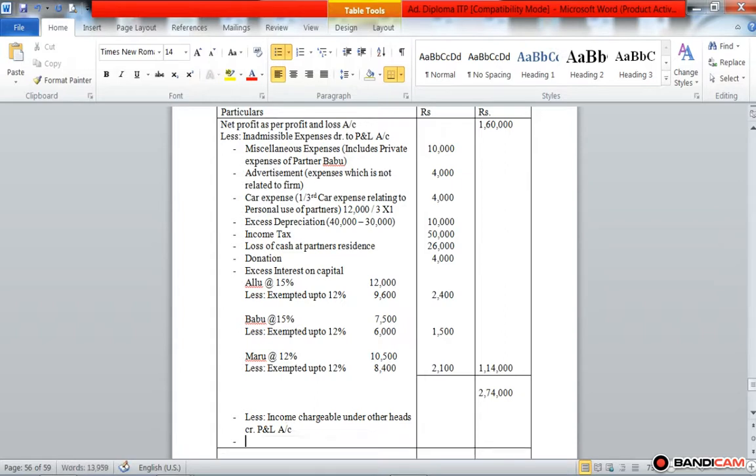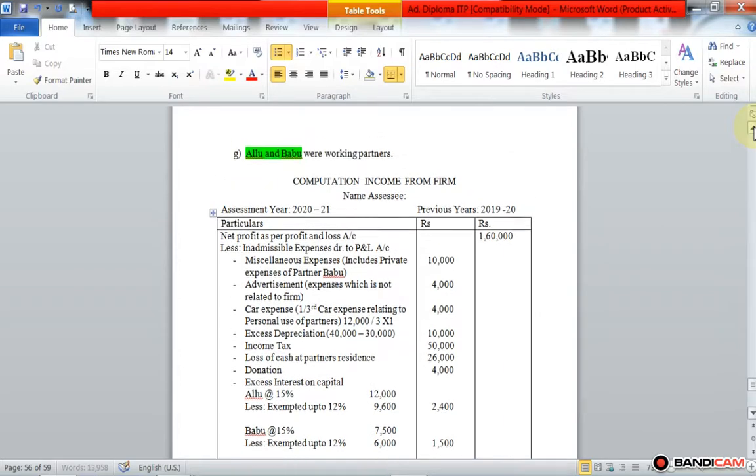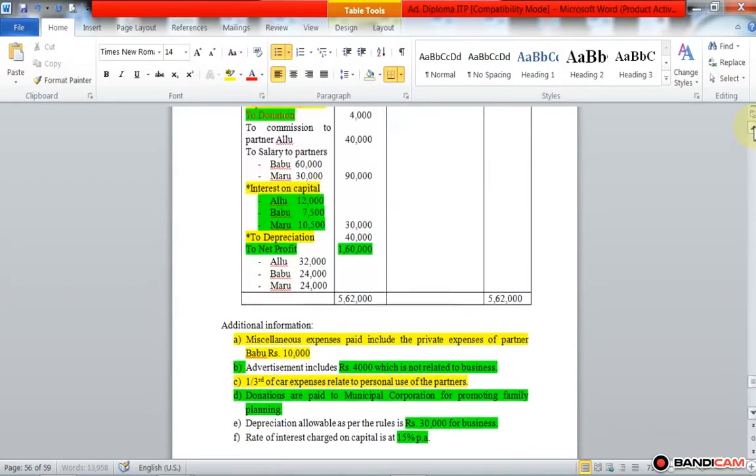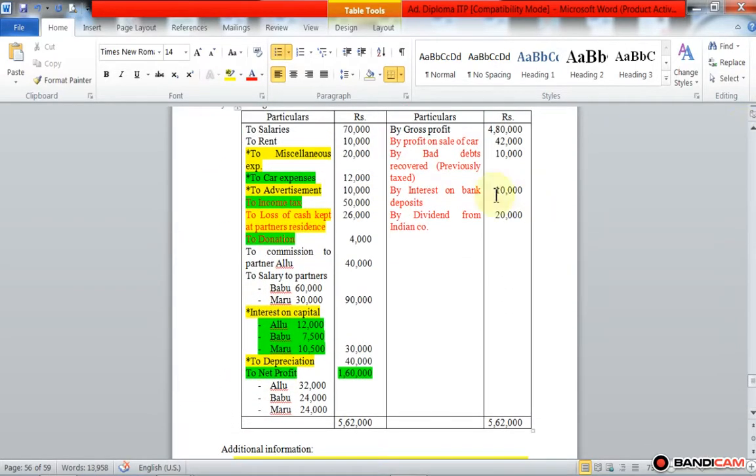So we find out income which is chargeable under other heads. Here in the credit side of profit and loss account, we find out income from other source. So here first, profit on sale of car, 42,000.